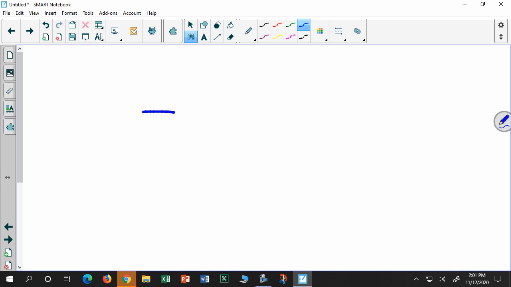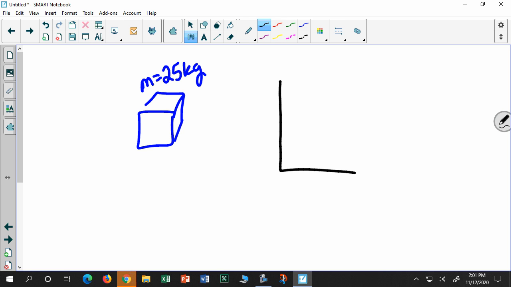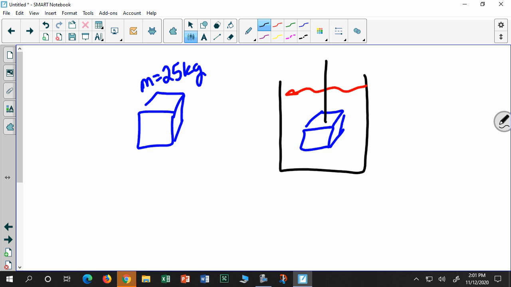So let's say that I have a block, and I tell you its mass is 25 kilograms. But then, like we did in lab, I put it inside a container that has some fluid in it and measure its weight with a string and a force meter.